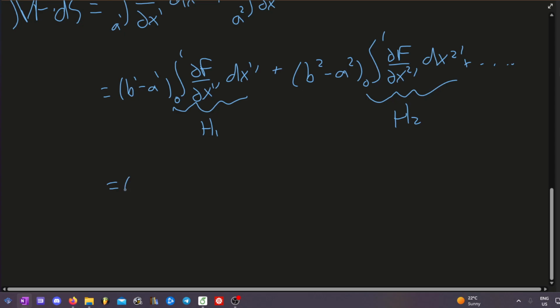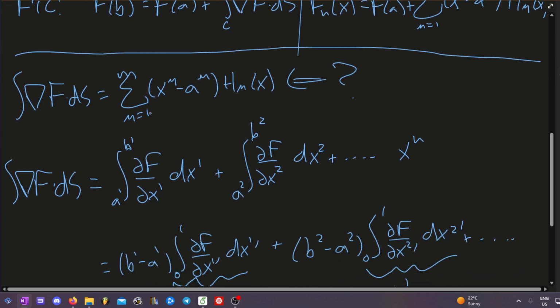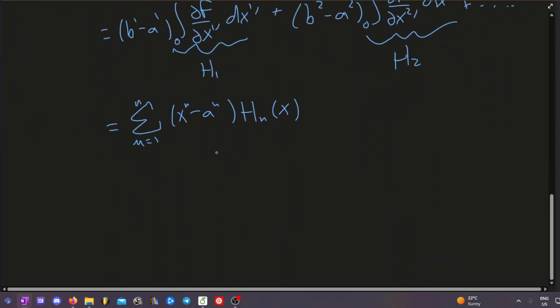This is going to be a sum, mu equals 1 up to n, so we're just summing each of these terms, and then we have x mu minus a mu times h mu of x, which is just what we were working towards. We were able to show that this integral is equal to this sum, and therefore the proof is complete.